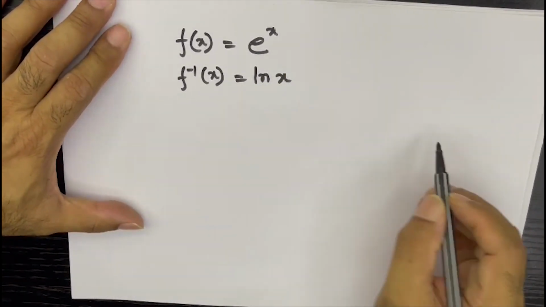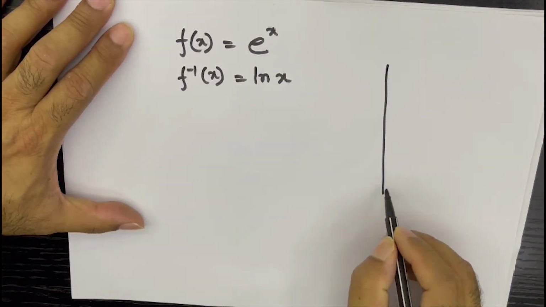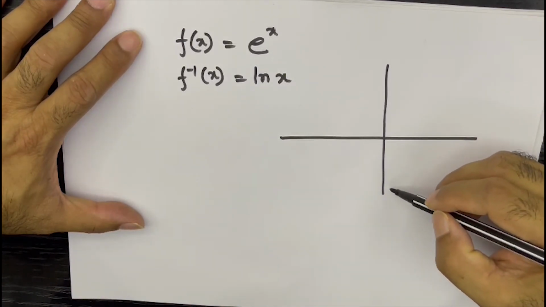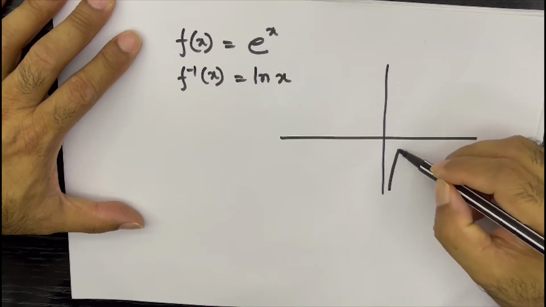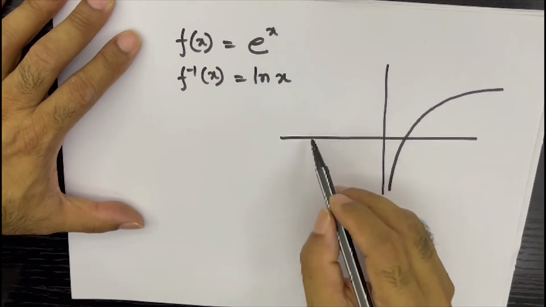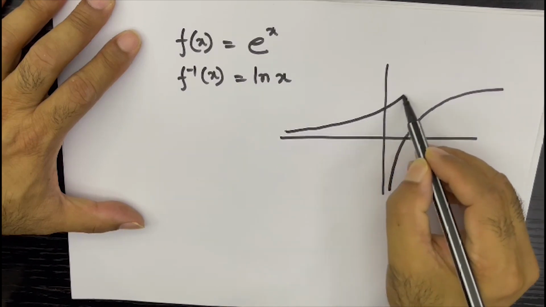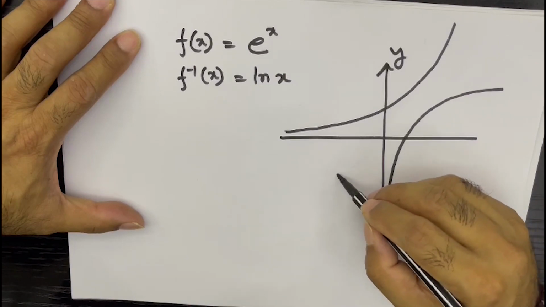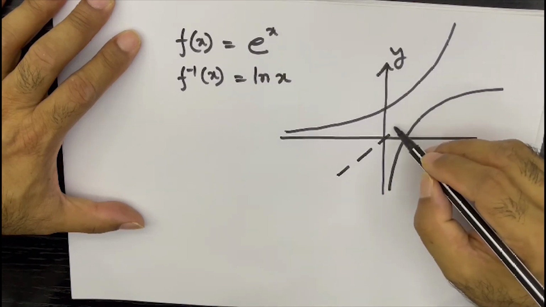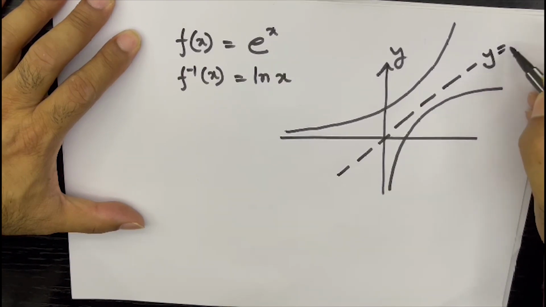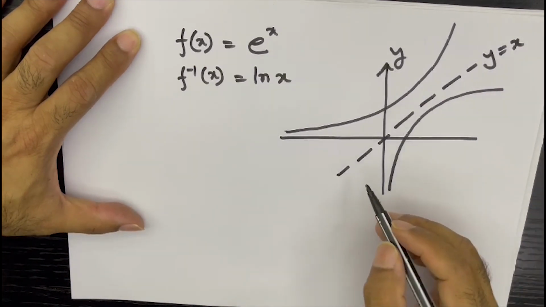If we sketch these two graphs on the same axis, it looks like this: e to the power x moves like this, and ln x is like this. As they are inverse functions of each other, they reflect in the line y equals x.